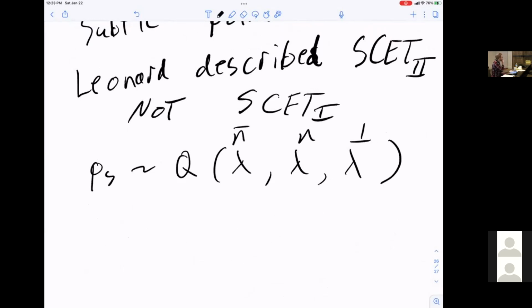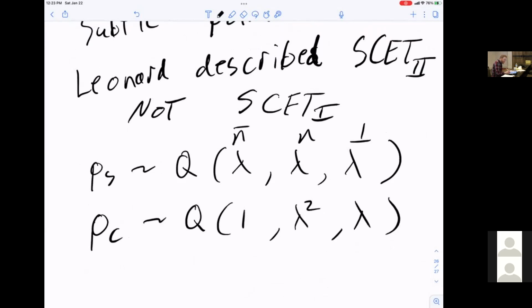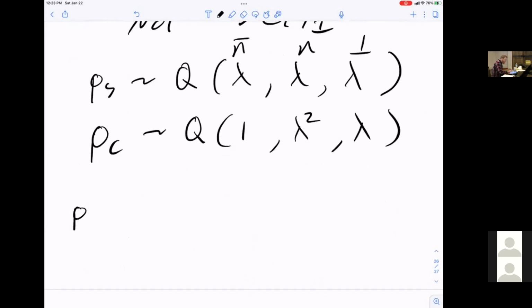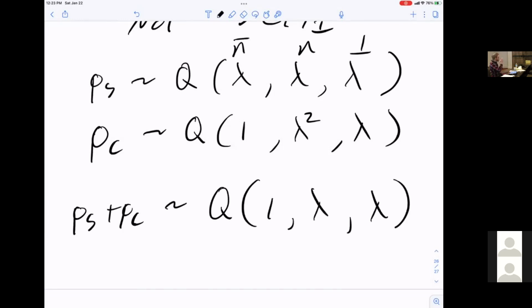So that's some soft momentum in SCET2. Now my collinear goes as 1, lambda squared, lambda. If I do P soft plus P collinear, I'm going to get a momentum that goes as 1, lambda, lambda. That's off shell. In other words, it's not going to scale homogeneously as lambda goes to 0.